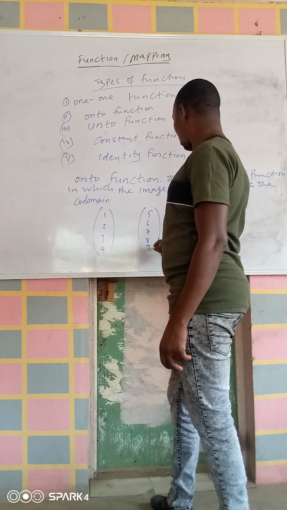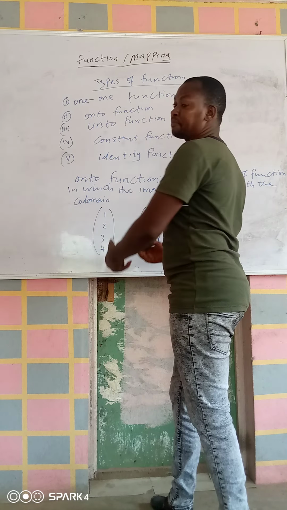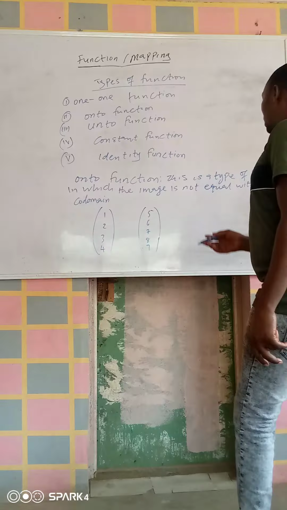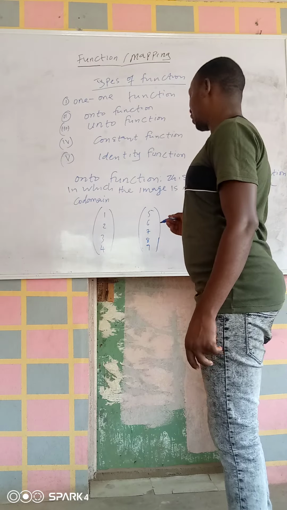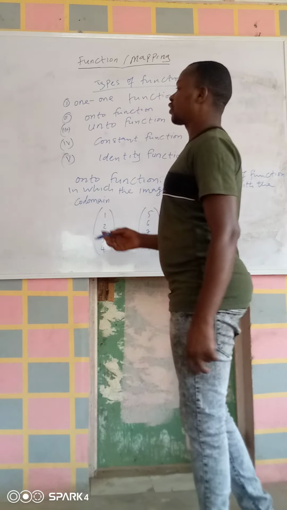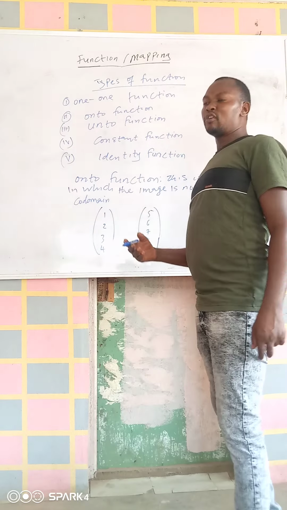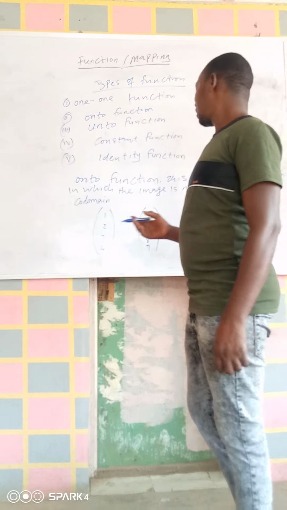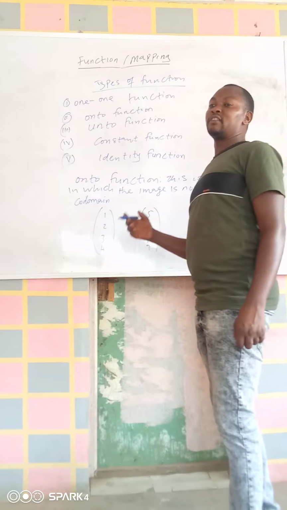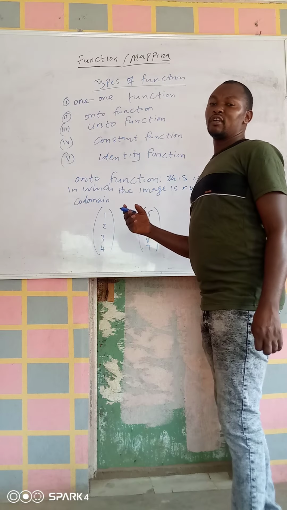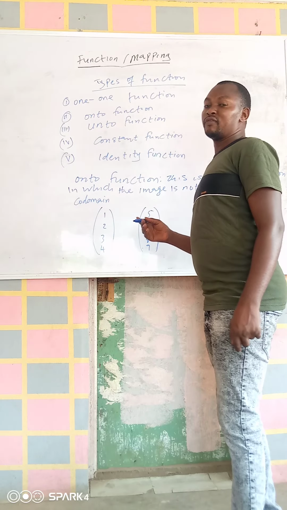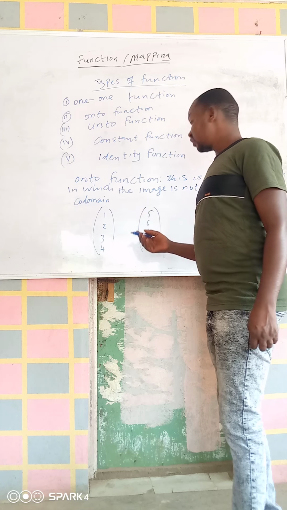There are ways of solving questions where you take it back to an arrow diagram, but I'm just using it to explain, so that when you solve a question and see it, you can easily tell the kind of function it is.